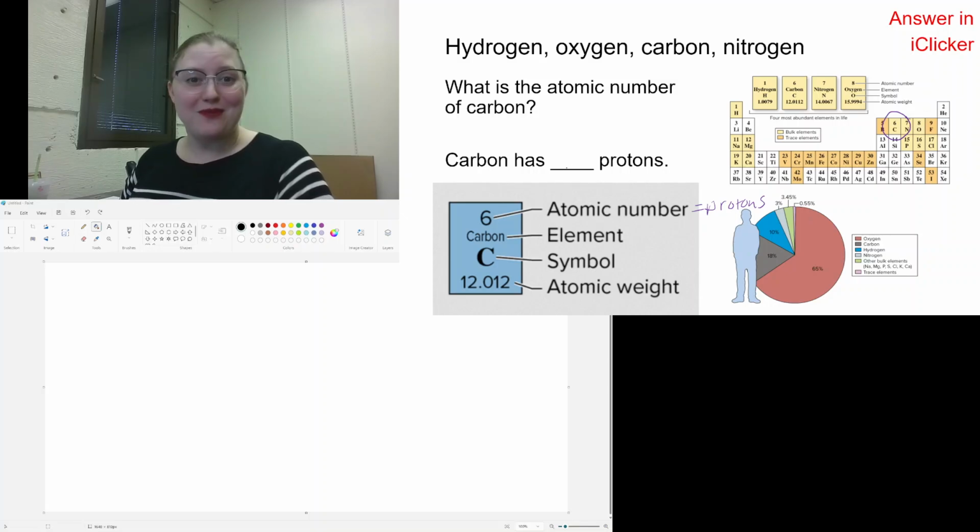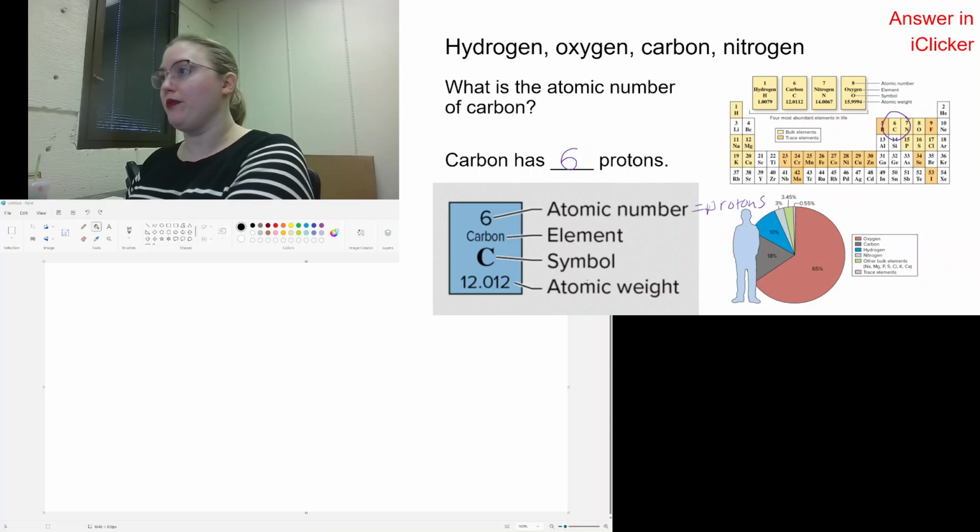If the atomic number is the number of protons, then carbon has 6 protons. Our element name is going to be here. The letter is our atomic symbol, and this bottom number is the atomic weight, which we'll get to in a minute.